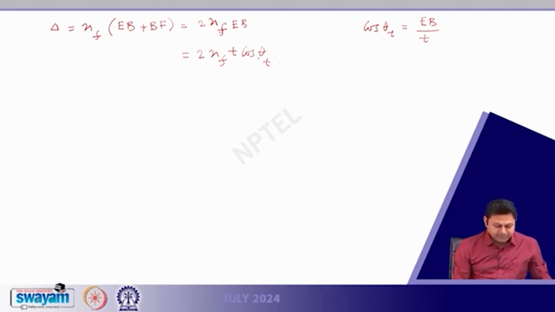So the path difference, finally, we can have this quantity, because the rest of the quantity is cancelling out.